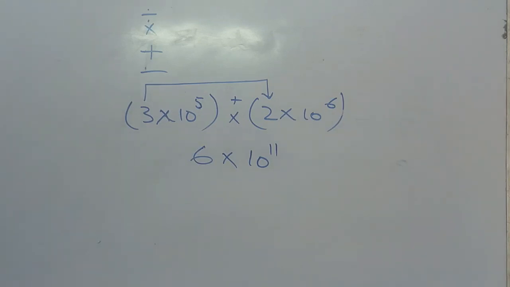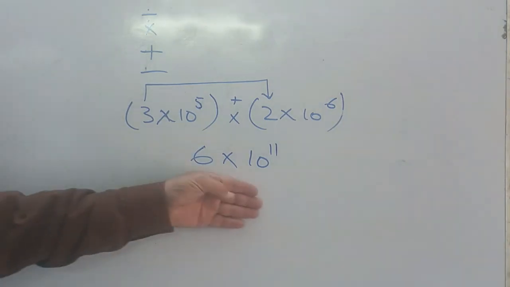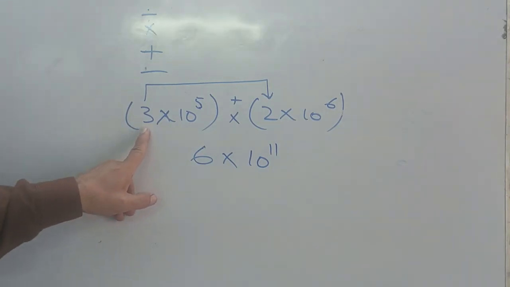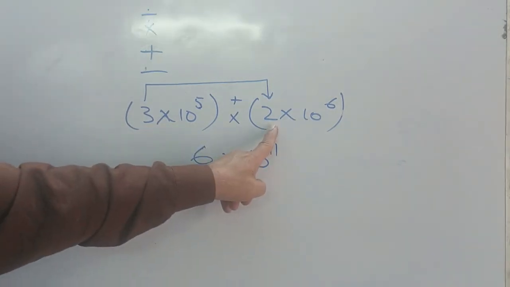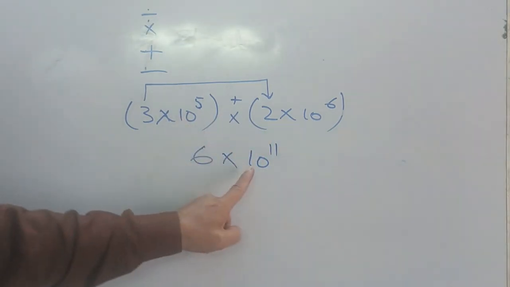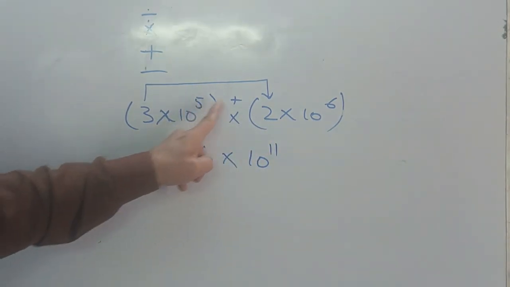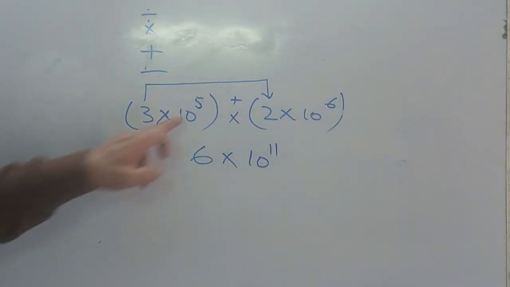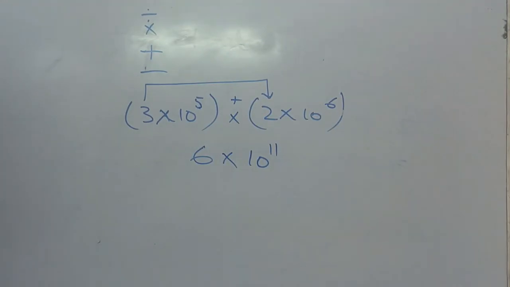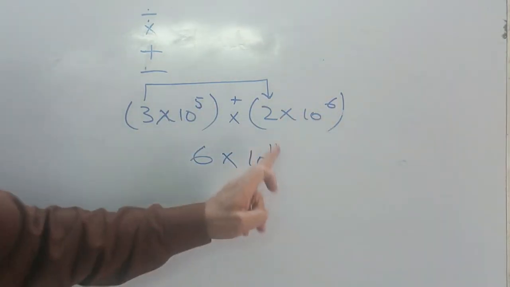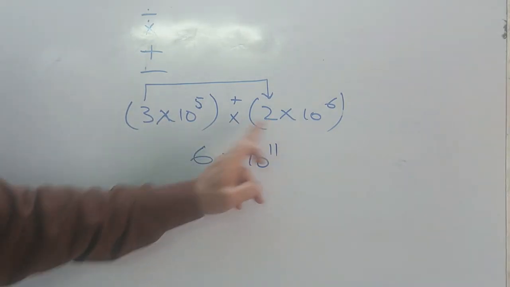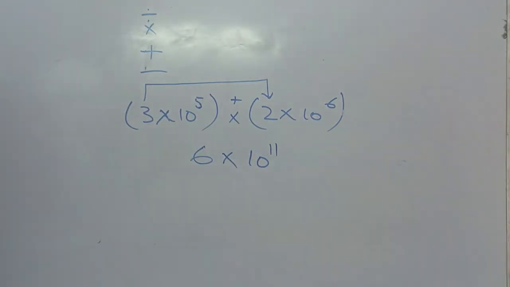Okay, now this was very easy: you just multiply the whole terms, then write 10 as it is and add whatever is in the exponents. So 5 plus 6 is equal to 11. So it is 3 multiplied by 6 and 10 raised to power 11. So this is the answer.